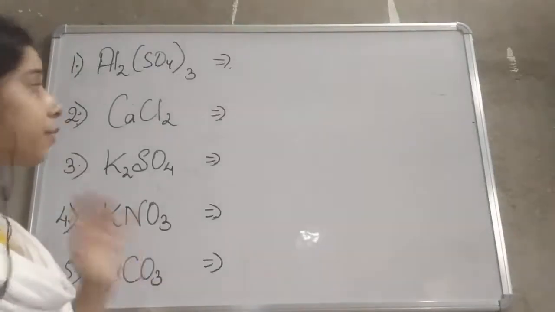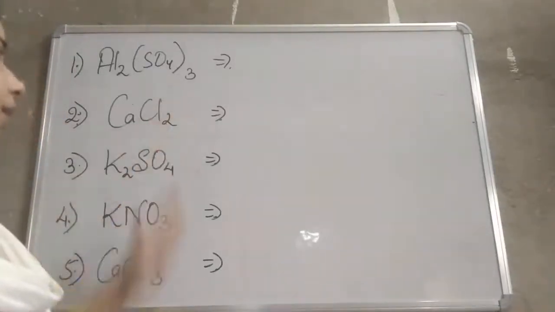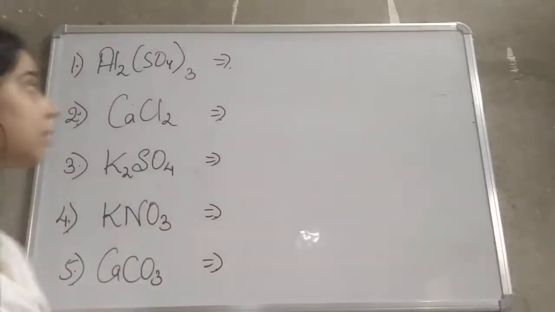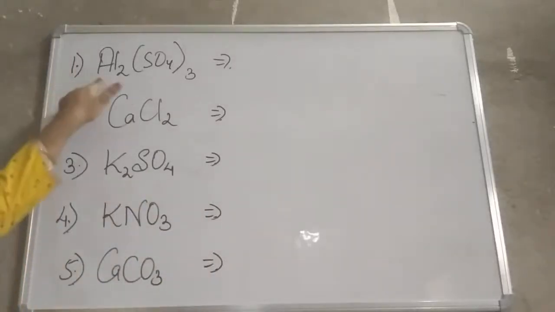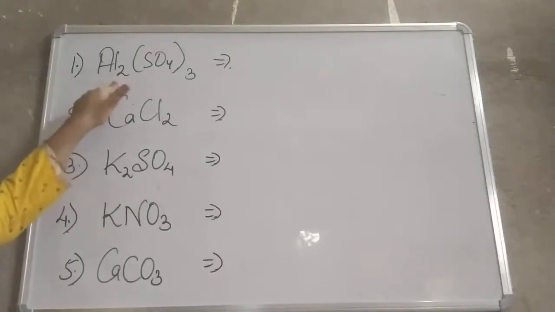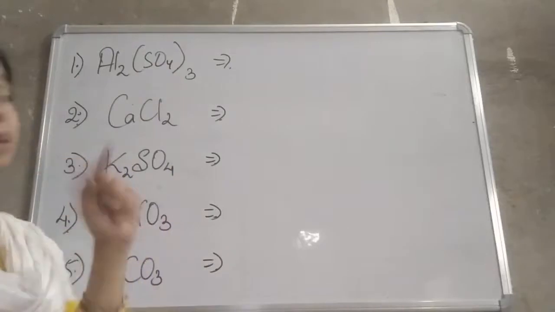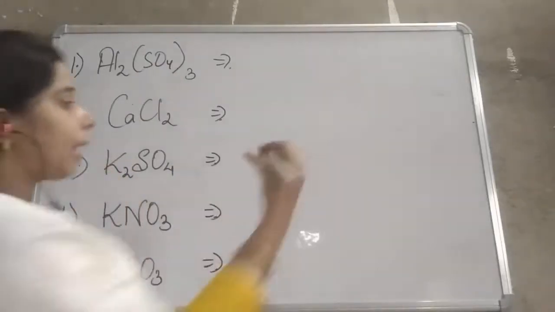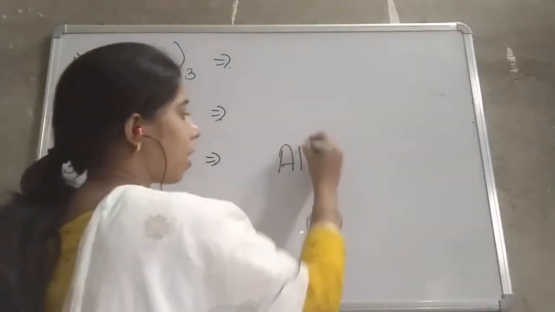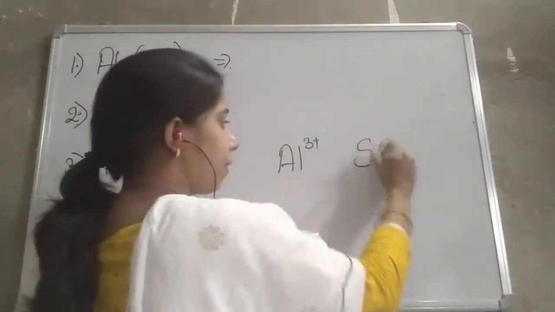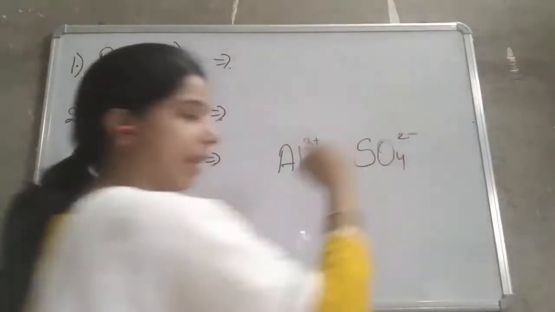Now students, we will try to find the names of the formulas of different compounds. So you see here, aluminium is there. This aluminium consists of 2 atoms, and sulfate is there. Students, I told you that aluminium has a charge of 3 positive, and sulfate has a charge of 2 negative.